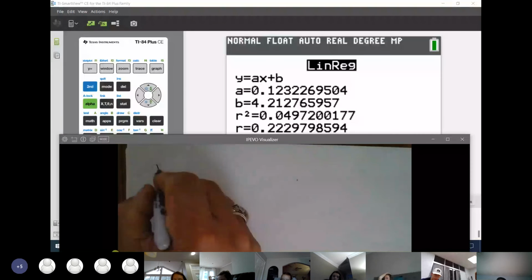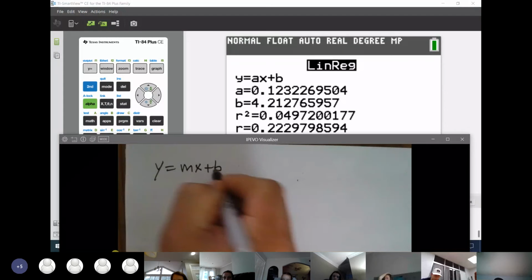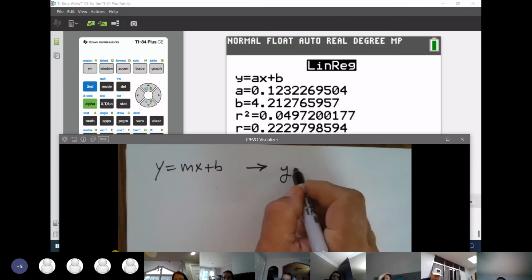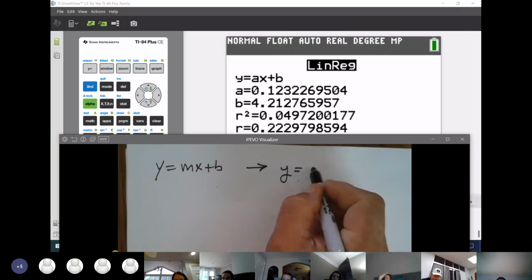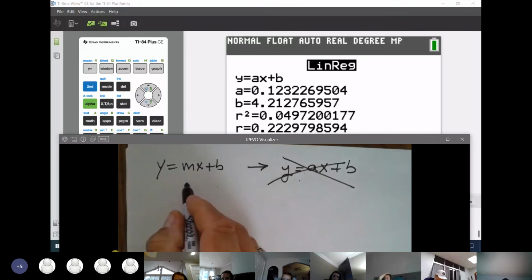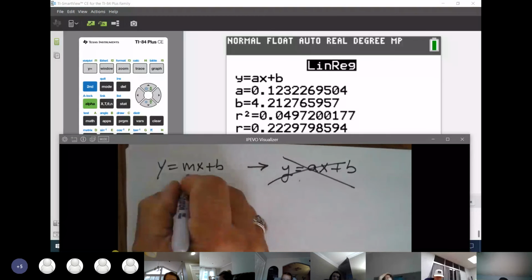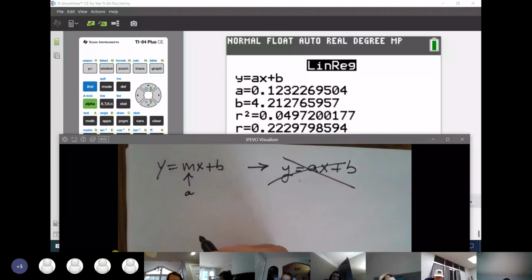So he changed y is equal to mx plus b to y is equal to ax plus b. And nobody recognizes that. So you just need to remember y is equal to mx plus b. And that first letter, that a, just make sure you put that right there, okay?